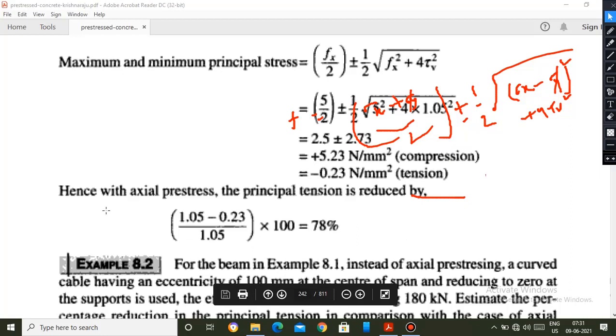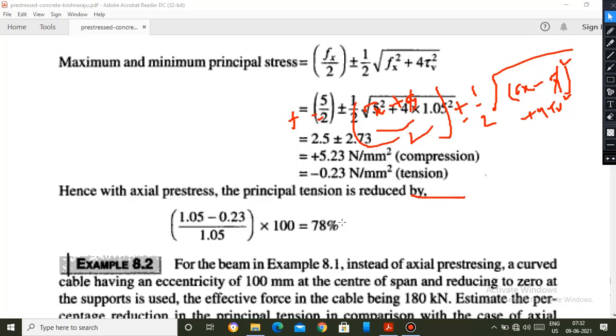Hence with the axial pre-stress, the principal tension is reduced by (1.05 minus 0.23) divided by 1.05 into 100. That means 78% of the tensile stress developed in the pre-stressed concrete member is reduced by the action of the axial pre-stressing.